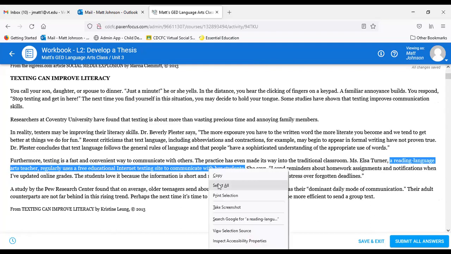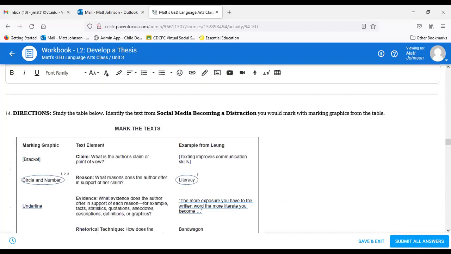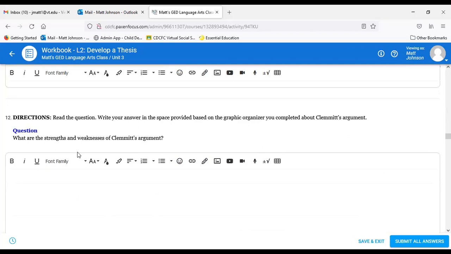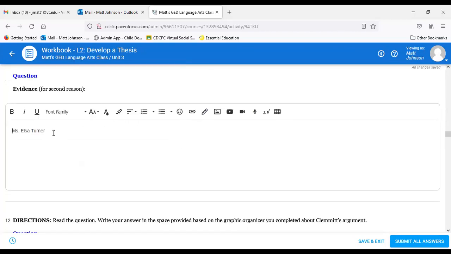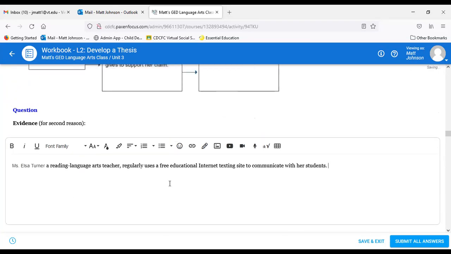Now, see, that's anecdotal again, right? That's only one experience. It's not statistical evidence. It's just one person's experience with that. So if you're going to make a case where that's the weaker argument, you may point that out, right? Okay, well, she uses evidence, but it's only anecdotal. It's only one instance with no other supporting evidence as far as how beneficial it is as a fast and convenient way to communicate.